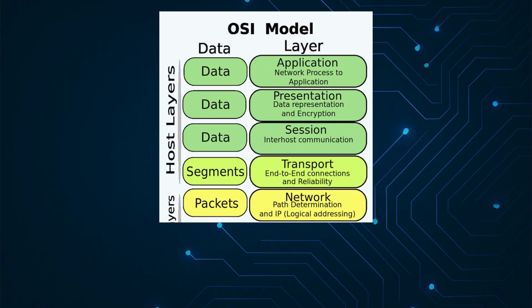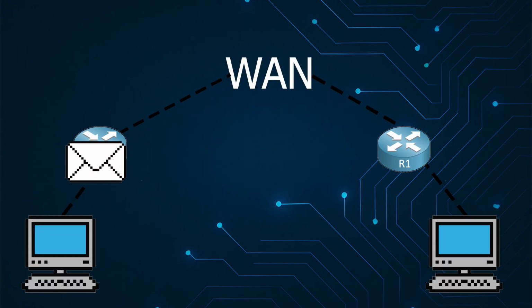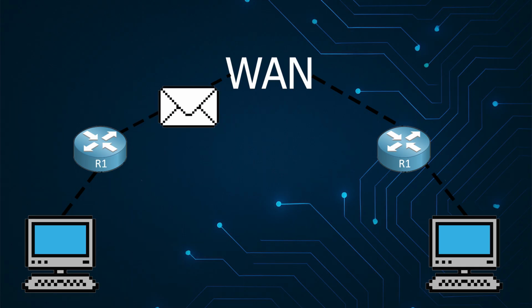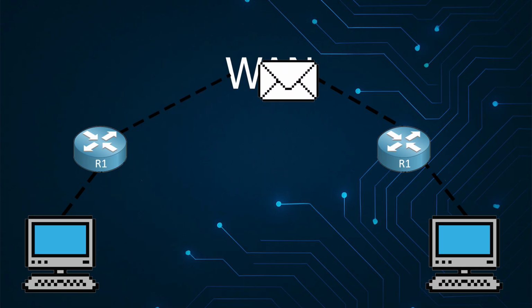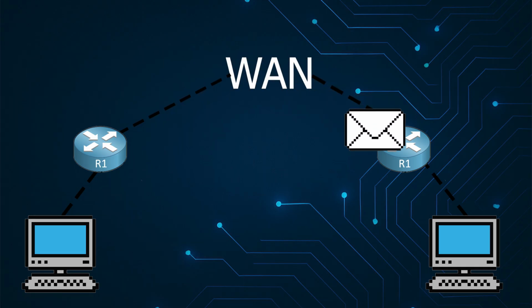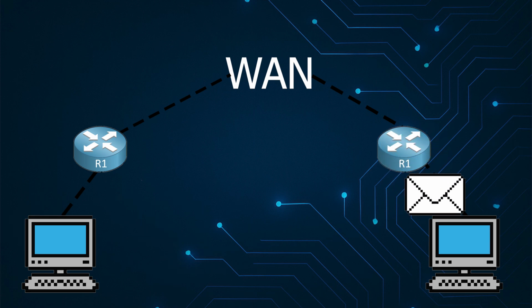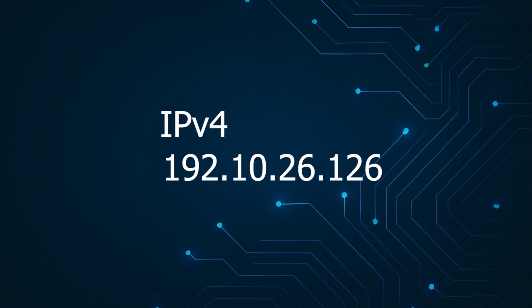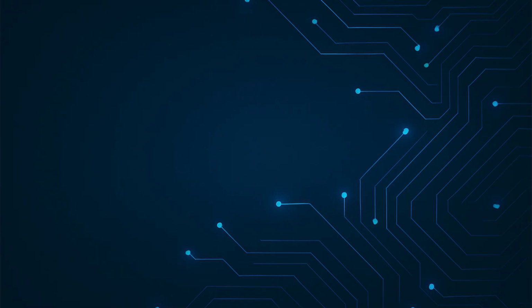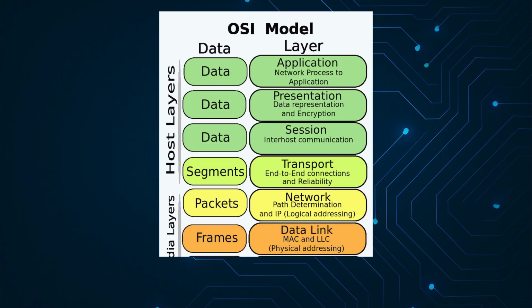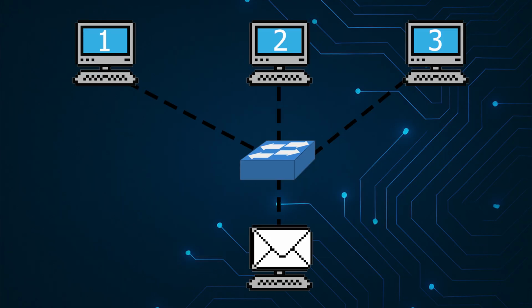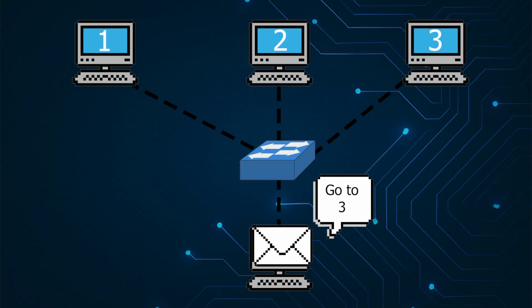Layer 3, network. This is figuring out the best route to send your letter or your letters. Just like the mailman who's in the truck has to decide what roads he's going to drive on in order to deliver the package or the letter to the house that it's supposed to go to. This is where IP addresses come in. Layer 2, data link. This is putting the letter into the correct mailbox. Think of it like an apartment complex.